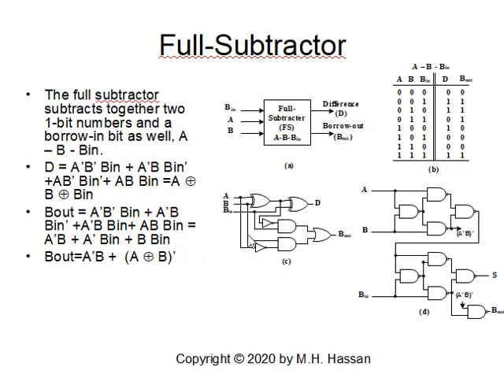We don't have to use another exclusive NOR. We take the output of the exclusive OR, we invert it. As you see, this is the inverter. Okay, so we get basically exclusive NOR. Then we OR it with A prime B, and this will give me B out.